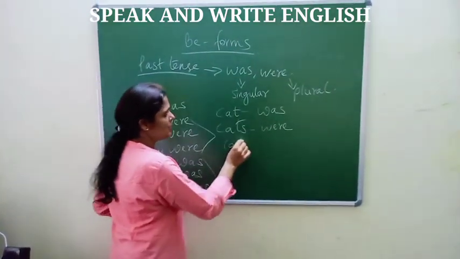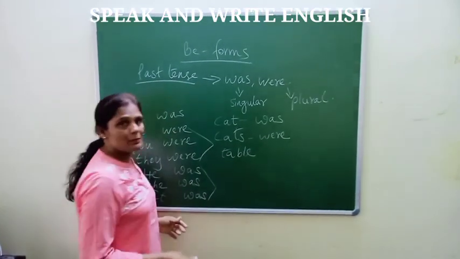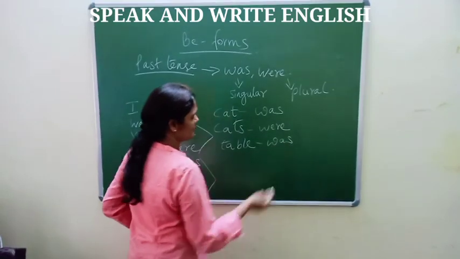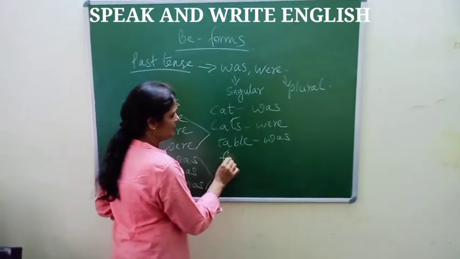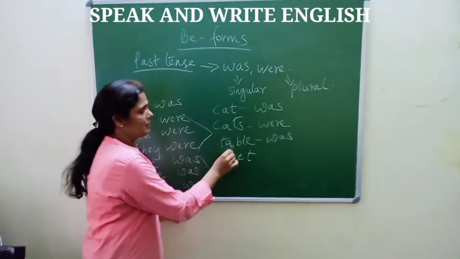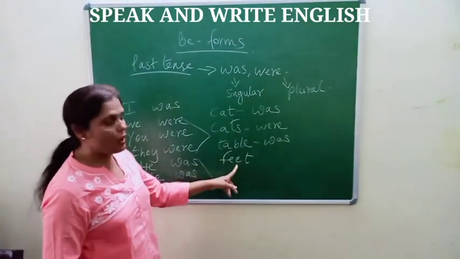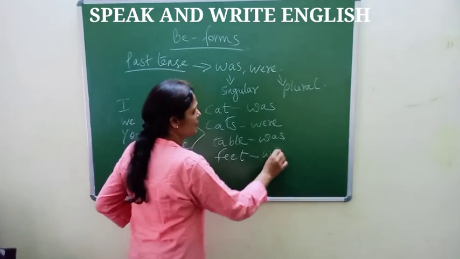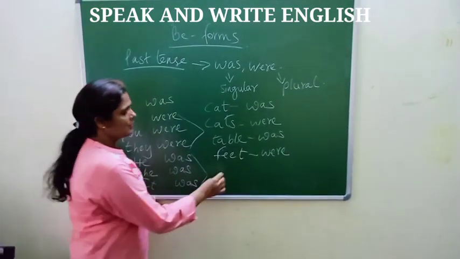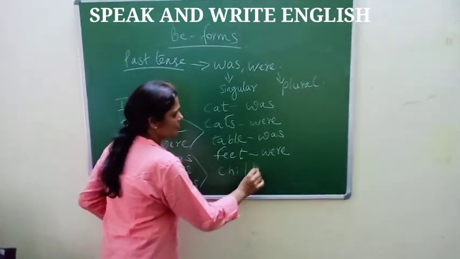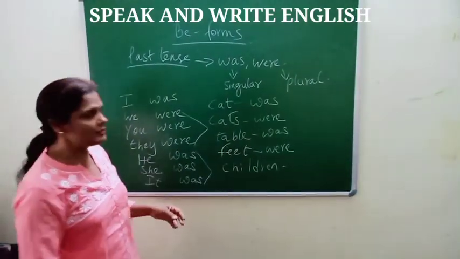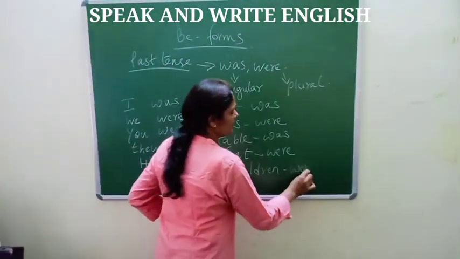If I take the word table, table is a single unit, so we make use of was. Feet talks about both the legs, so we make use of were. Children is a plural of child, so we make use of the be form were.